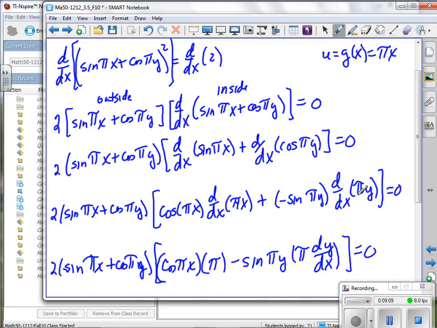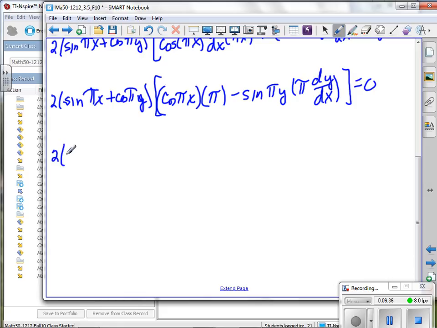But isn't that true of everything? French is easy if you understand the language. Chemistry is easy if you understand the language. Math is the same way. So we just have to go back, and this is why I keep harping on input-output. Sine pi x is the output of the function sine pi x, or maybe f of x equals sine pi x, or whatever. Okay, let's go on.